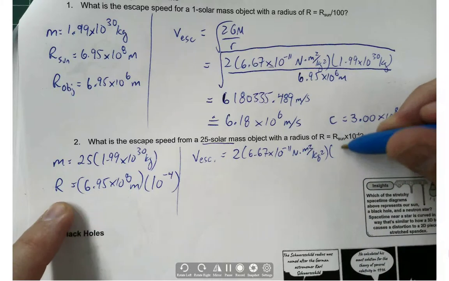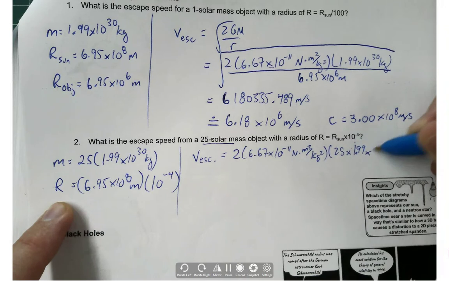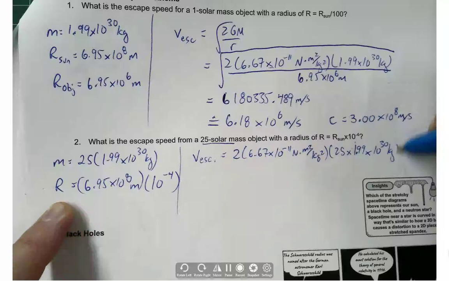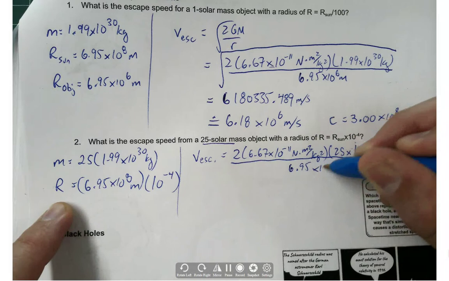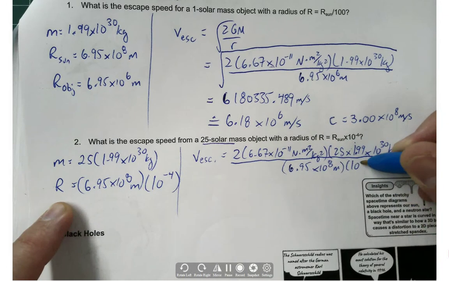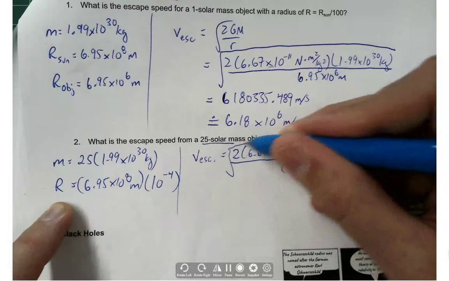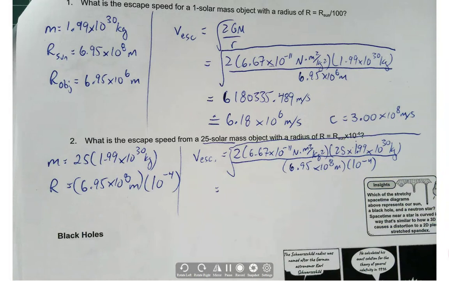The mass this time is 25 times 1.99 times 10 to the power of 30 kilograms, all divided by 6.95 times 10 to the 8 meters times 10 to the power of negative 4, all square rooted. And again, a big challenge here is data entry. I'll give you the helpful hint that it starts with a 3. I'll give you the other helpful hint that it's not a small number.